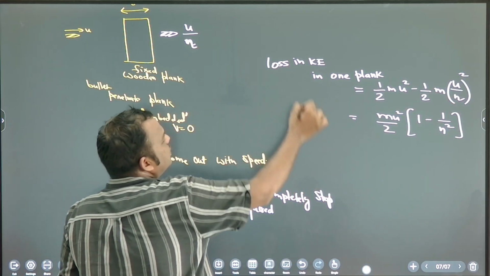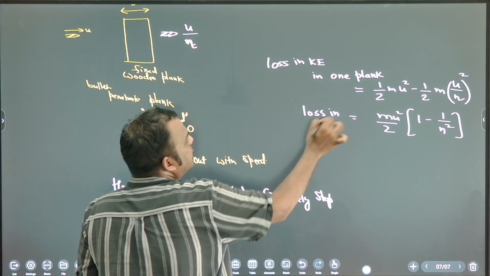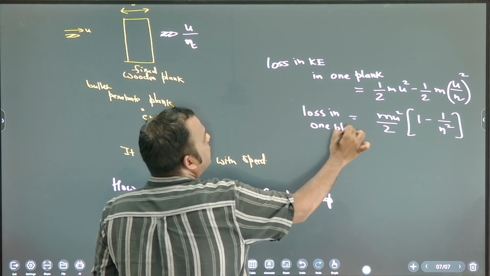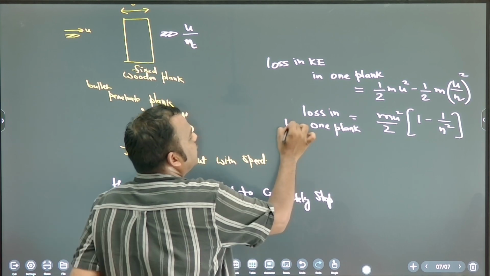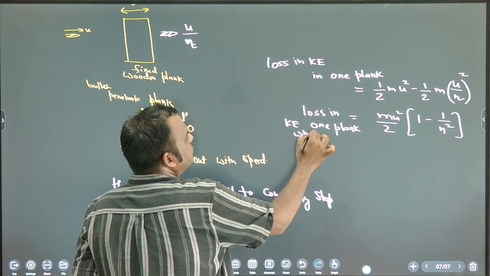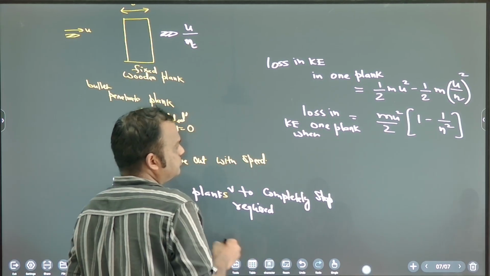This is the loss in kinetic energy when one plank is there.